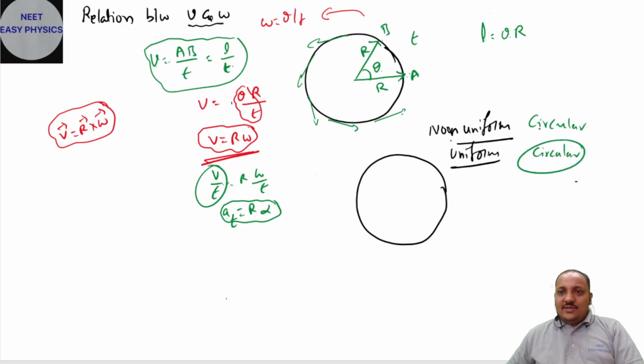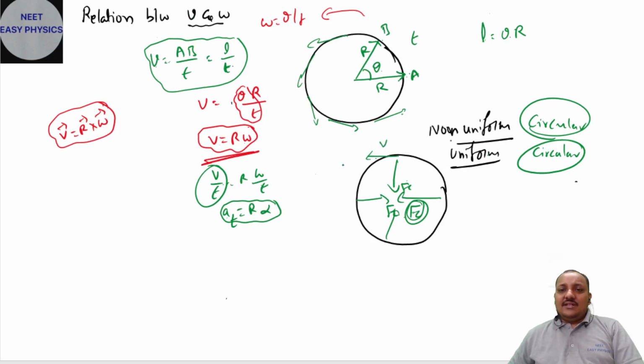To move any object in a circular path, centripetal force is going to act. At each and every point, centripetal force will act towards the center. This is the cause to move the object in a circular path. If centripetal force is not there, the object will not move in a circular path.